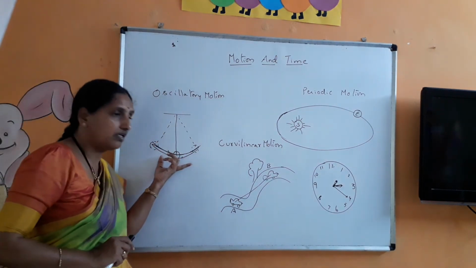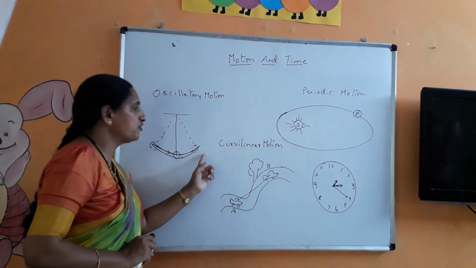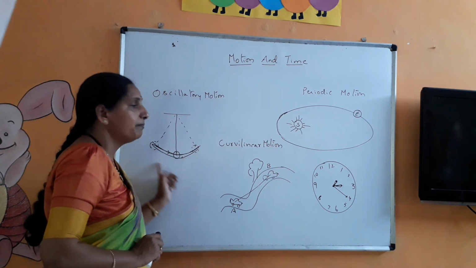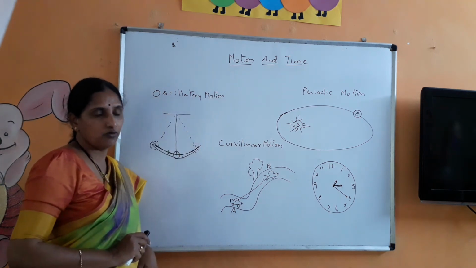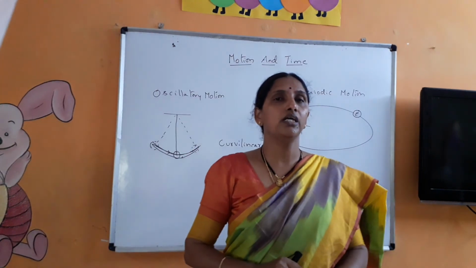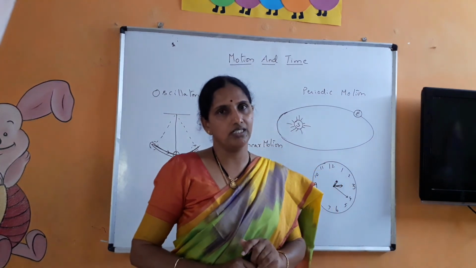But this one is also having to and fro motion. So it's repeating its motion by changing the direction. Hence it is called oscillatory motion. So we can conclude that every oscillatory motion is periodic, but every periodic motion need not be oscillatory.